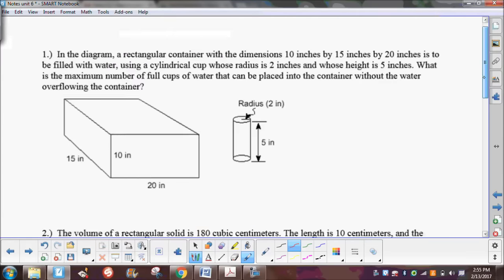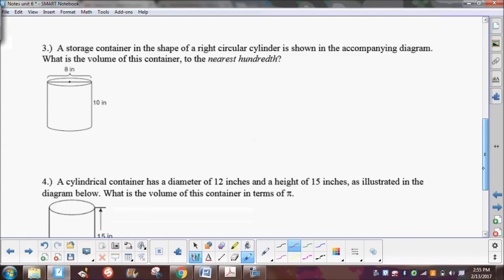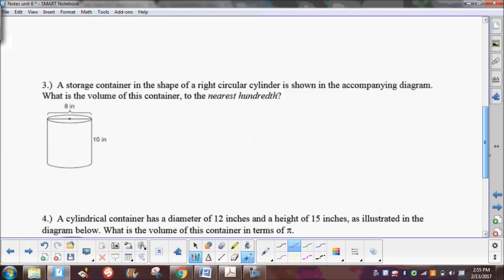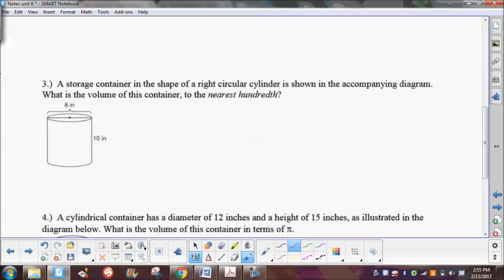I think I'm going to come back and talk about these over here. Although, let me just look. Oh, yeah. You can absolutely do number 3. Do that and compare with your neighbor. And you can do 4 and compare with your neighbor.